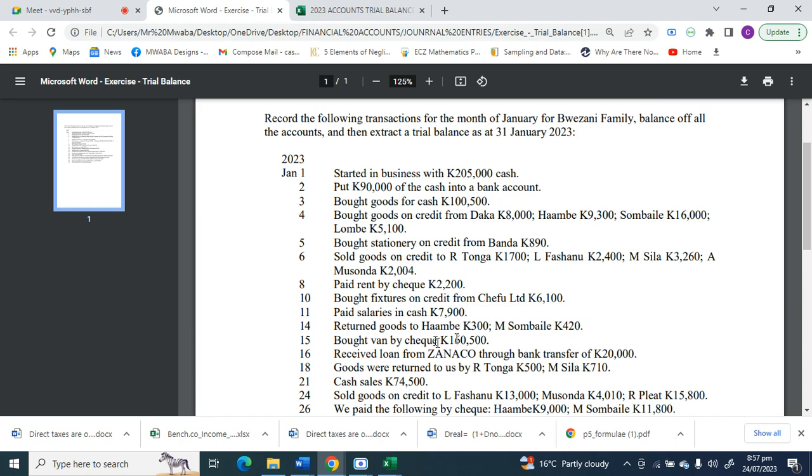You used money from the bank. So money in the bank is an asset, reduction in an asset, you credit. So you credit bank 160,500 and you credit motor vehicle account 160,500.